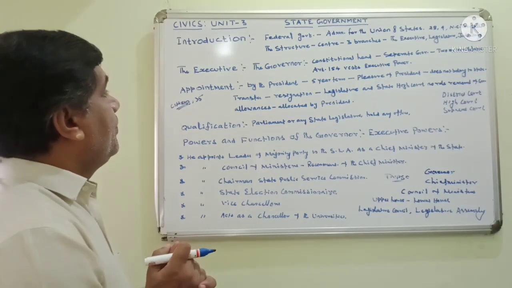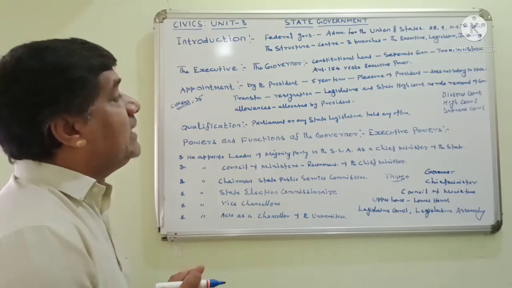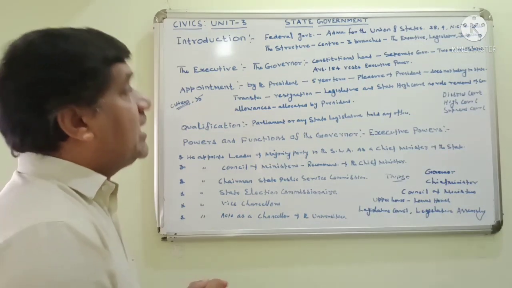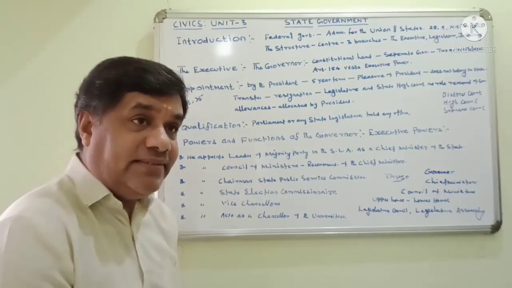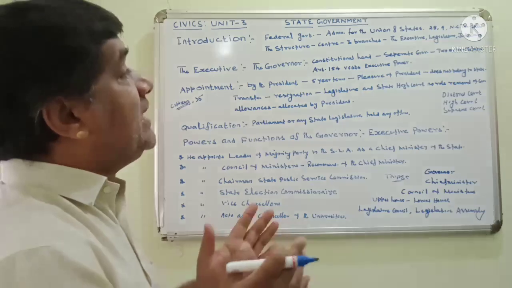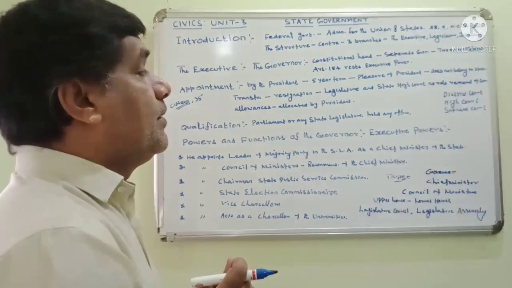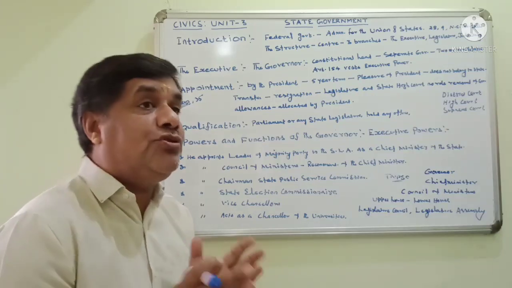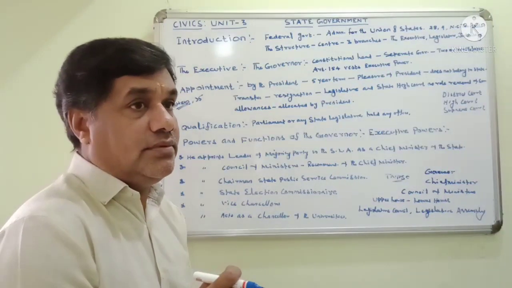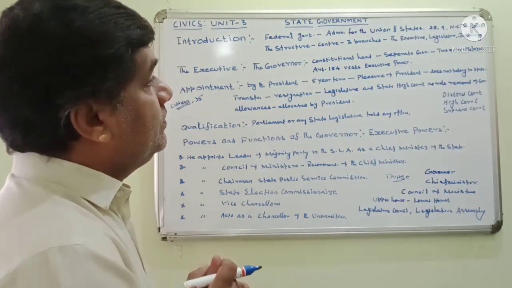Appointment. The governor is appointed by the president. The governor's term is 5 years, and with the pleasure of the president he can continue in office. The governor does not belong to the state; he is appointed from another state.